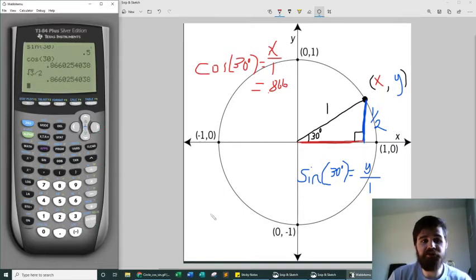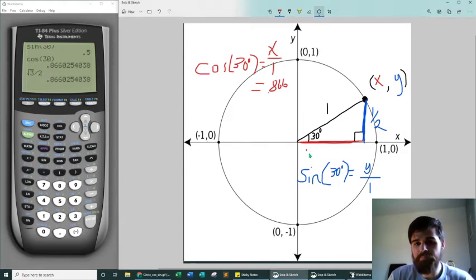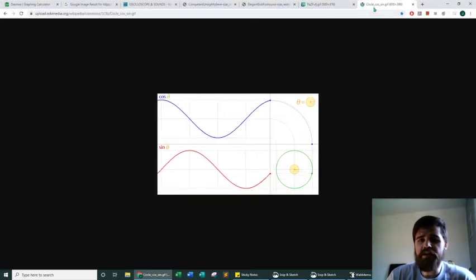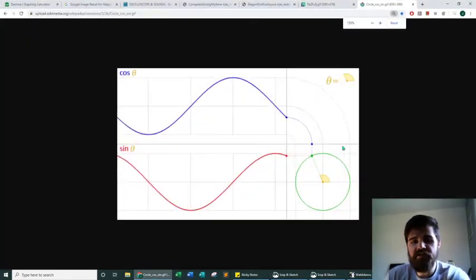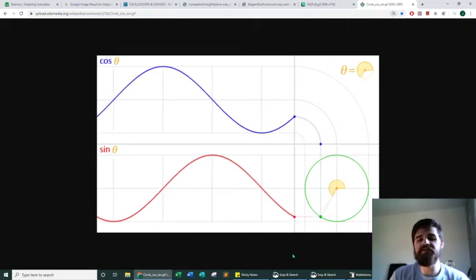Later on, we'll learn that this is a very special triangle, and those are the same value. But 0.866 is fine. So this side is equal to the square root of 3 divided by 2. So this point in space can be represented by root 3 over 2, or 0.866, and 1/2. So this is how we get from our basic triangle SOHCAHTOA to a sine wave.